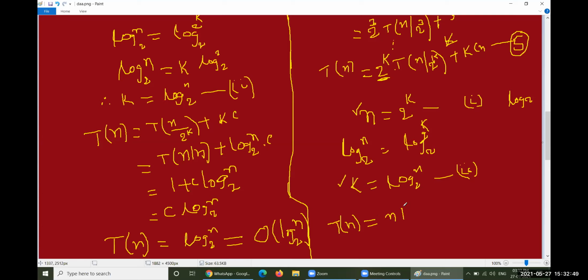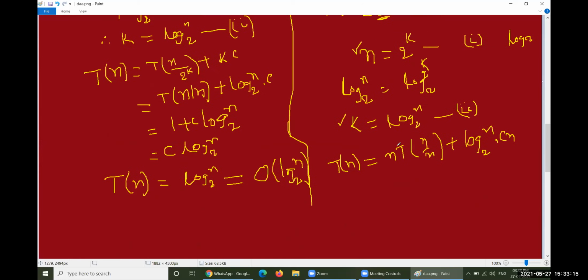So T of n by 2 power k, again 2 power k will be there here. So it becomes T of n by n plus, instead of k, the second equation is substituted, that is log base 2 of n, into cn. Substituted in such a way.